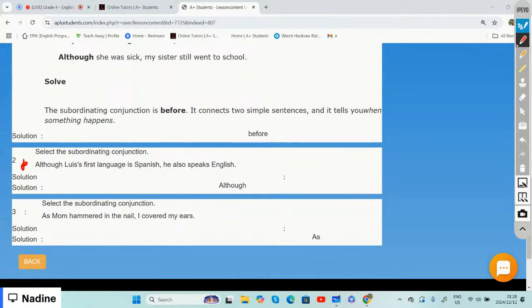And if we were to select our subordinating conjunction, it will be although.